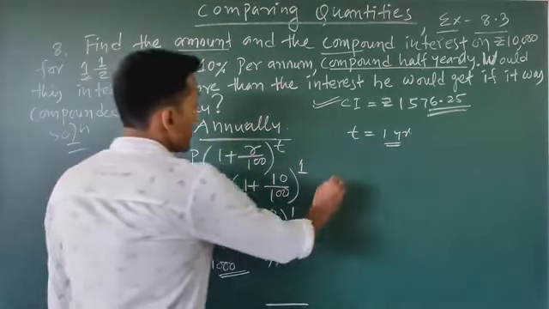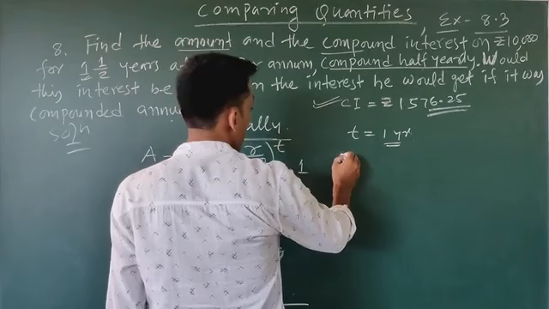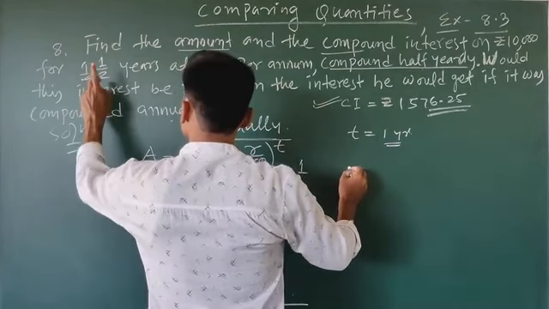Now we'll find interest for the next half year. The amount after 1 year, 11,000, becomes the principal for the next half year.